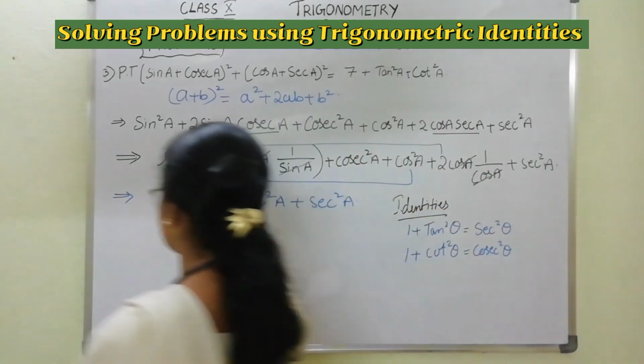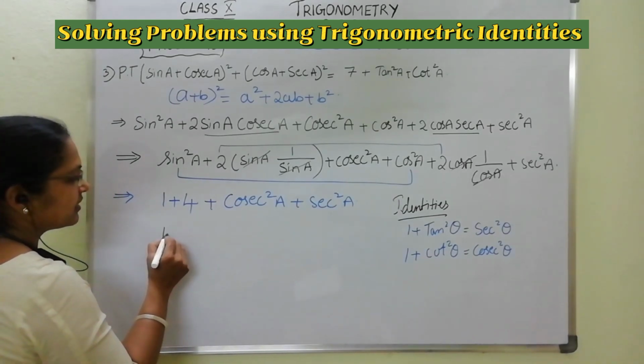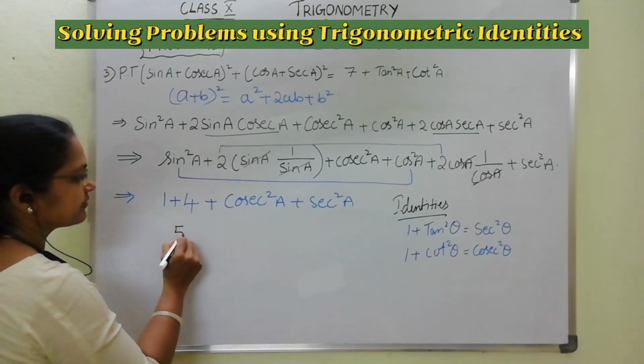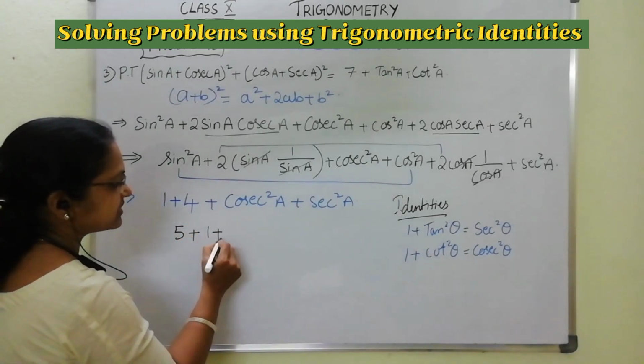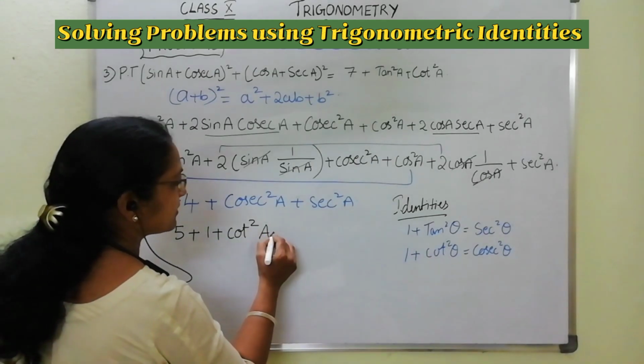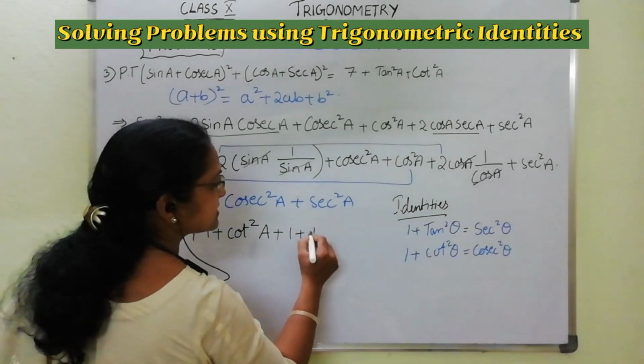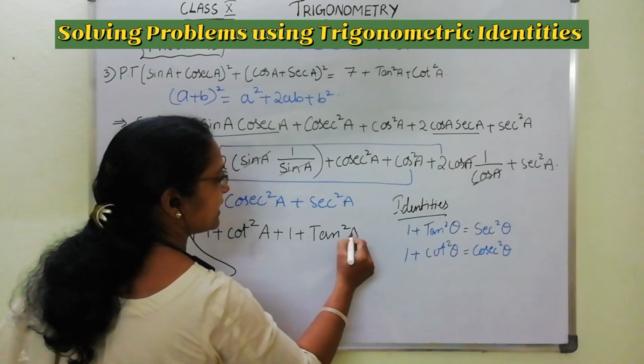Apply this one here. So we are going to get it as 1 plus 4 is 5, plus 1 plus cot square A plus 1 plus tan square A.